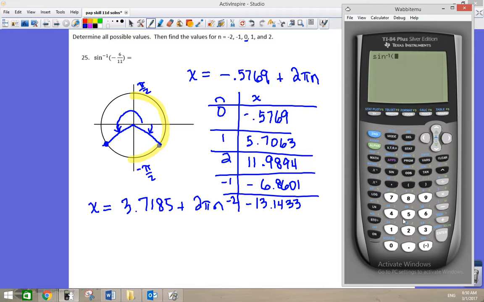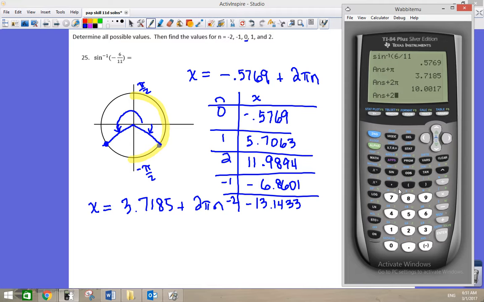Inverse sine of the 6 divided by 11 gave me my reference angle, plus pi got me to my n equals 0. So then if I want 1 and 2, I'm just going to add 2 pi for n equals 1.